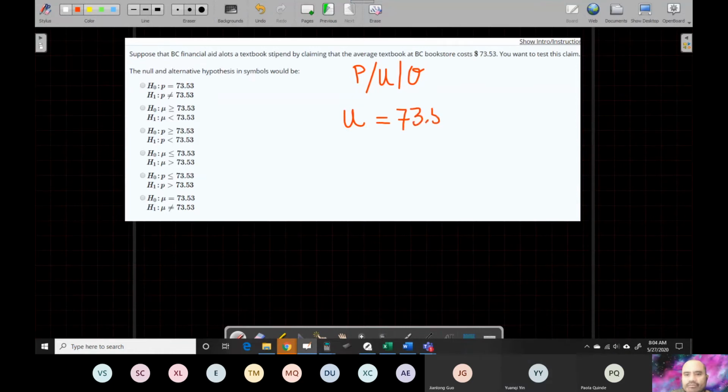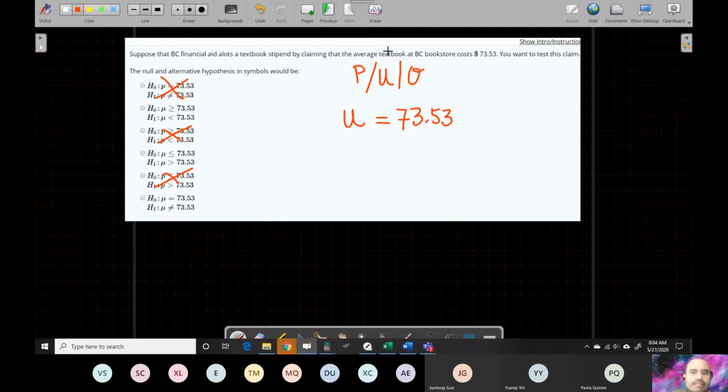So the average is equal to 73.53. You want to test that claim. So this is the claim, basically. The null and alternative hypothesis in symbols will be. Because we're using mu, definitely this is not okay, and that's not okay because they're using p. Mu here for H0, they're using greater than or equal, which could be because they're using the word equal.